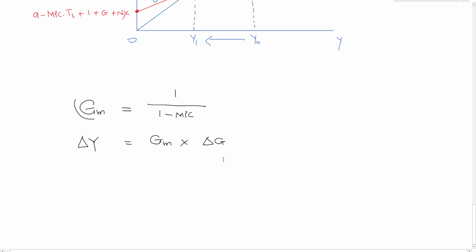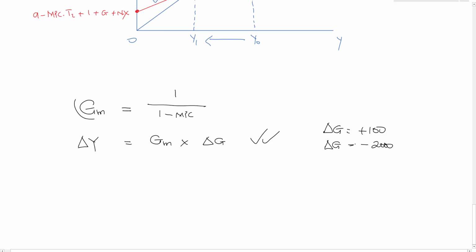So guys, this is the miracle equation that we were looking for. If the government decides to increase spending by 100, that would mean that the change in G is 100. If the government decides to decrease spending by 2,000, that would mean that the change in G is negative 2,000. That would be a decrease, right?